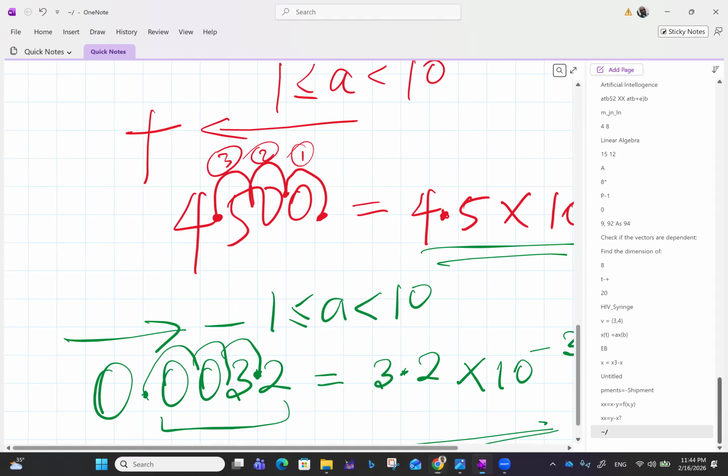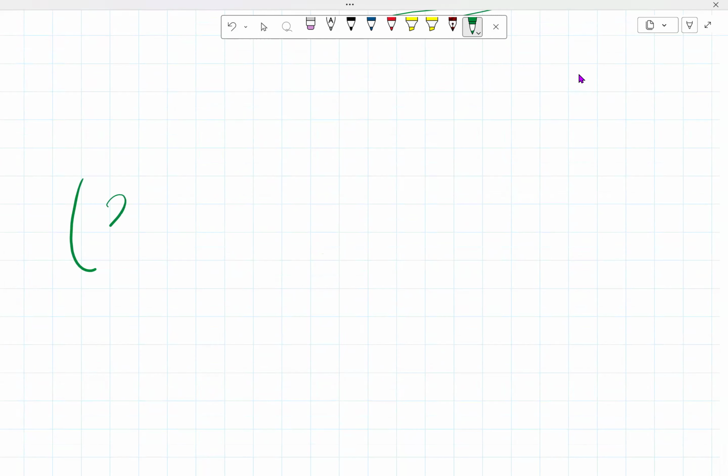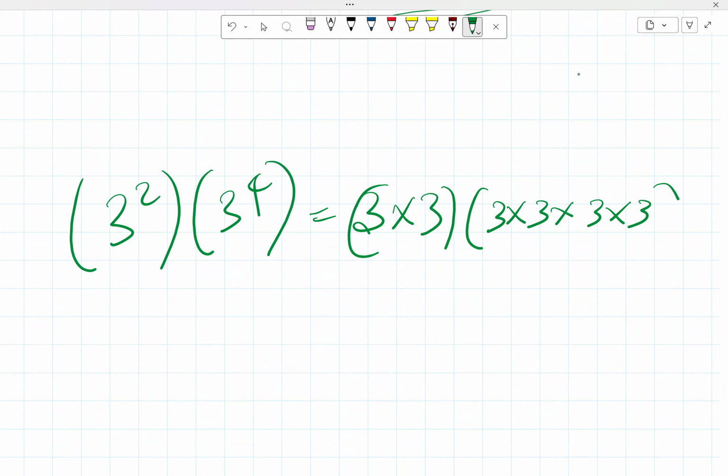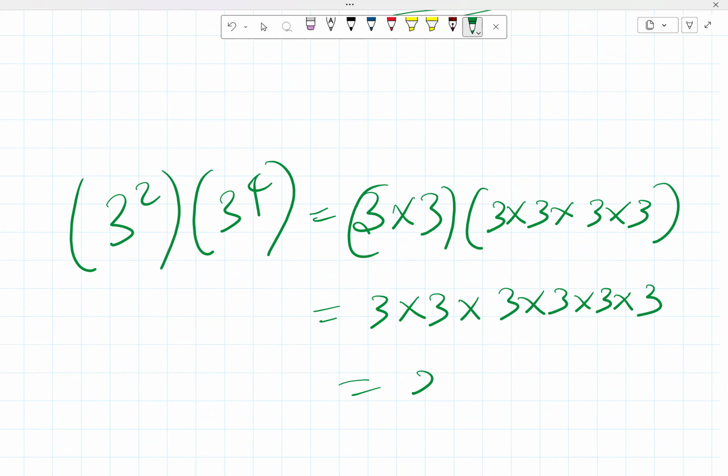Because from what we've seen now, 3 raised to power 2 into 3 raised to power 4 simply means you have 3 times 3 on one hand multiplied by 3 times 3 times 3 times 3, right? And that is 3 times 3 times 3 times 3 times 3 times 3. So generally we have 3 raised to power 6.